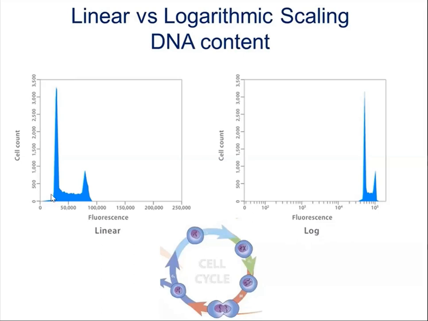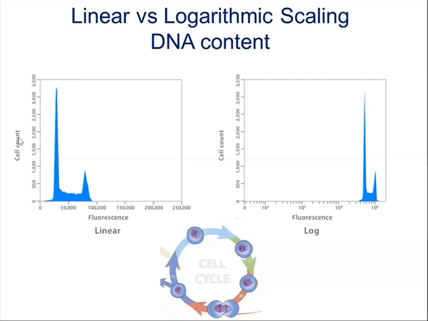When you see it in a linear scale, you can see the beautiful separation between the G0, G1 cells, the cells showing S phase, and the cells that are showing G2M phase. But when you see the same populations in a log scale, you can still see G0, G1 and G2M phase with S phase, but the plot is less representable.